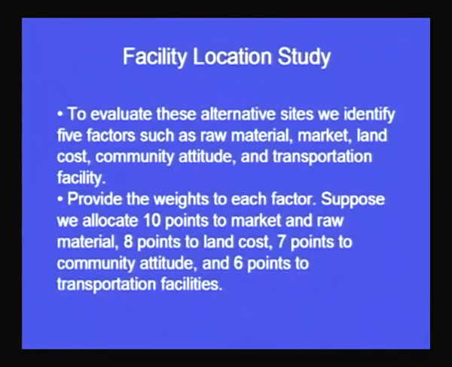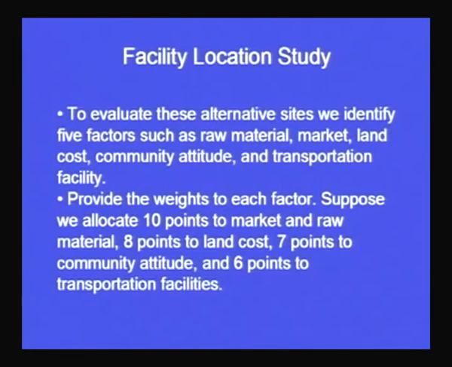We identify 5 factors such as raw material, that is the first factor, market, that is the second factor, land cost, that is the third factor, community attitude, that is the fourth factor, and transportation facility, that is the fifth factor. So, we have taken 5 different factors on the basis of which we are going to make a decision regarding the best location out of the 3 proposed sites.